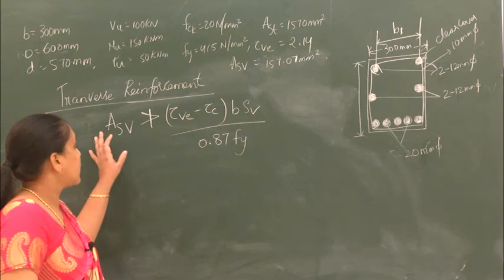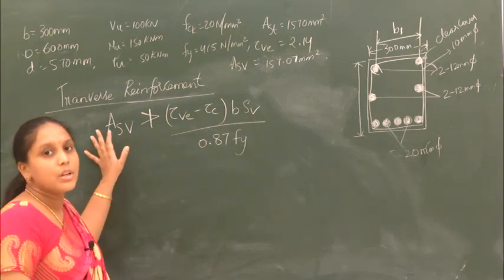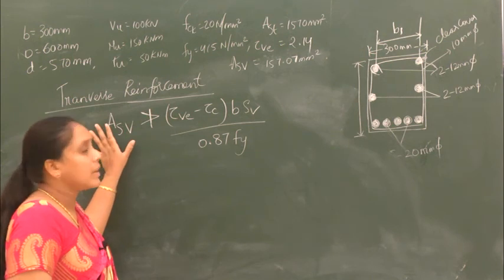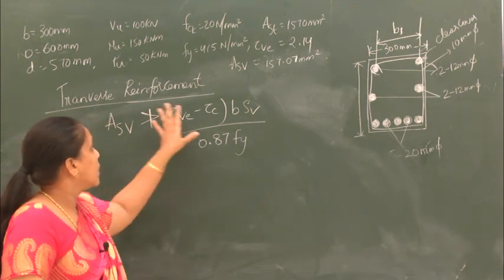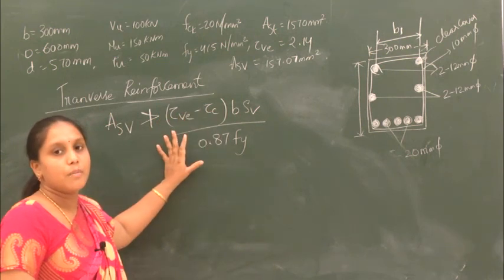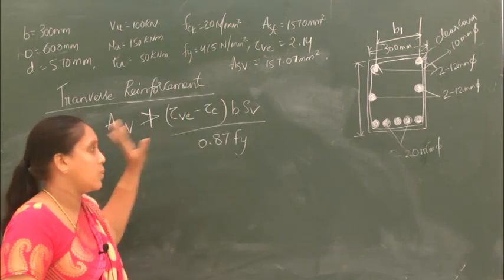So the total transverse reinforcement provided should always be greater than or equal to this value. It should not be less than what we have calculated from this one.